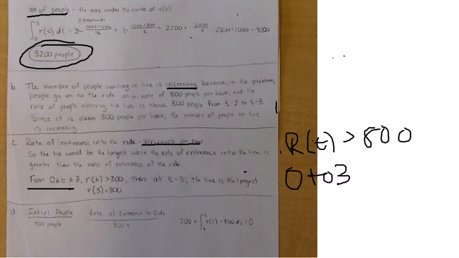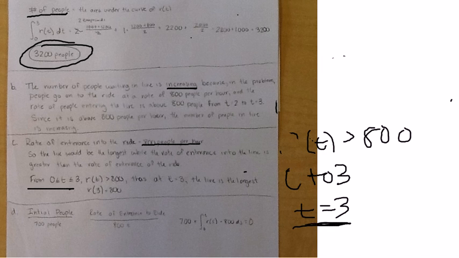So if it's gaining more people than it's losing, the line is getting longer. So from 0 to 3, it's always above 800, and the line is getting longer. That means at t equals 3, when it finally starts to go under 800, because R of 3 equals 800, the line would be the longest. So at t equals 3, the line is the longest.